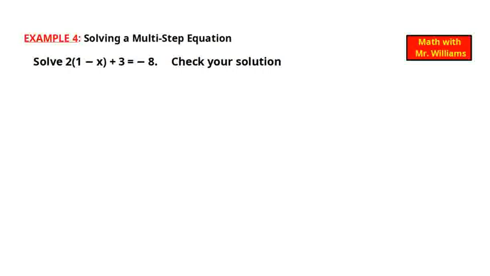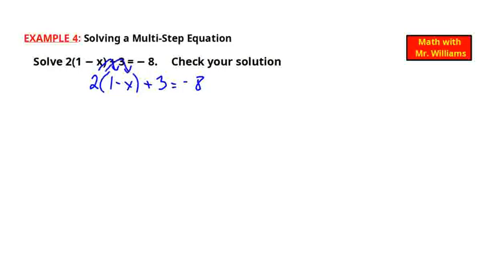Example 4, solving a multi-step equation, math of Mr. Williams. Here we have solve 2 parentheses 1 minus x in parentheses plus 3 equals negative 8. Check your solution. So we're going to go ahead and use distributive property here, but first we're going to write it out. All right, distributive property says we're going to go ahead and multiply the outside number or term times everything inside.